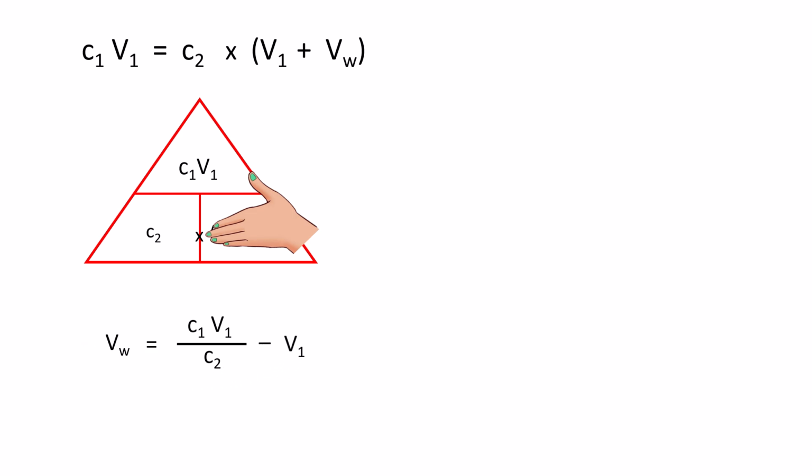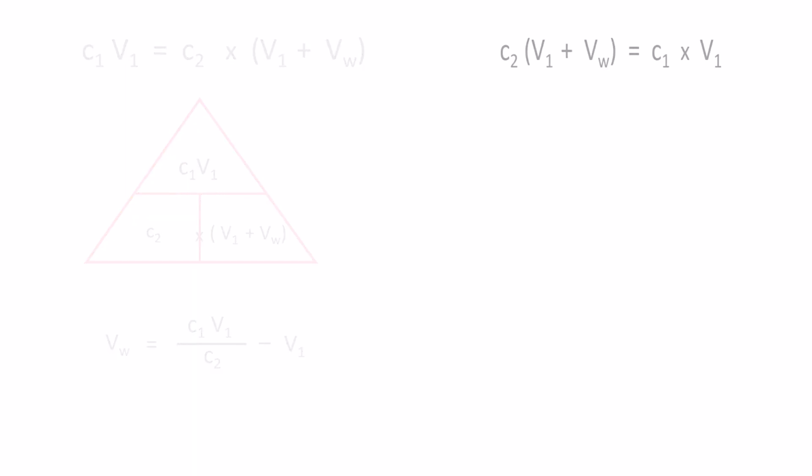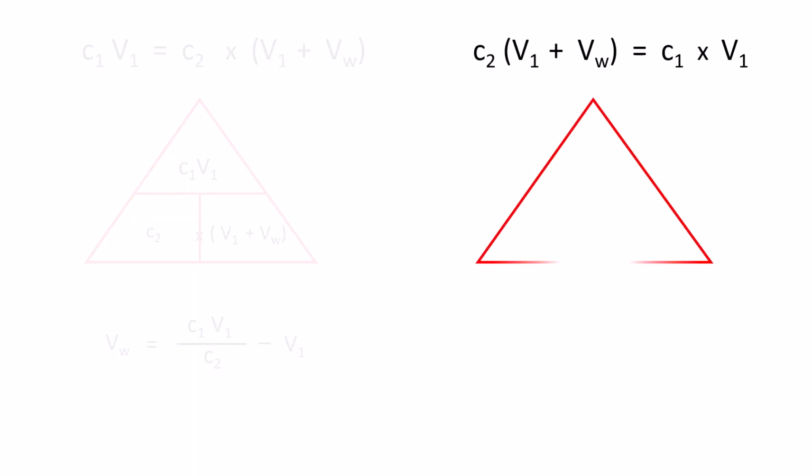As expected, it is identical to what we had previously derived through the process of substitution and proper manipulation. Even if we flip the equation, we are faced with the same process of having to keep V1 plus VW together until the last step.